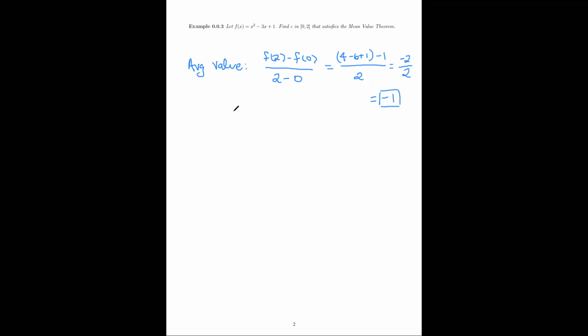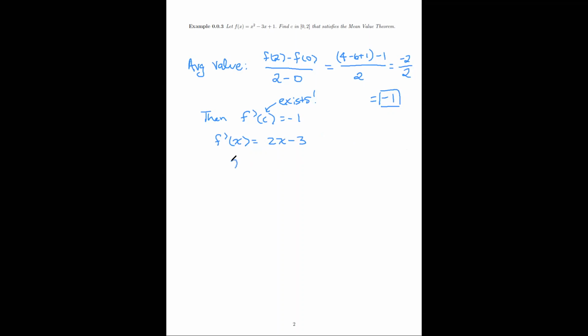So we're saying there exists some c so that f prime of c equals negative 1. And we know that this c exists because of the mean value theorem. Let's say we want to find it. Well, let's find the derivative. We can find the derivative by just using the power rule. 2x minus 3 is our derivative.